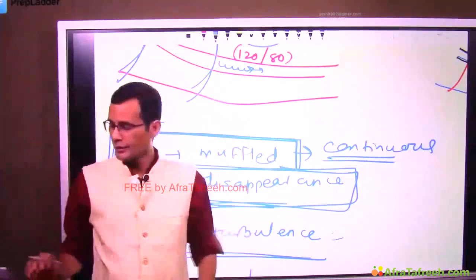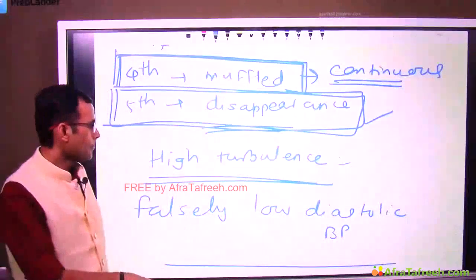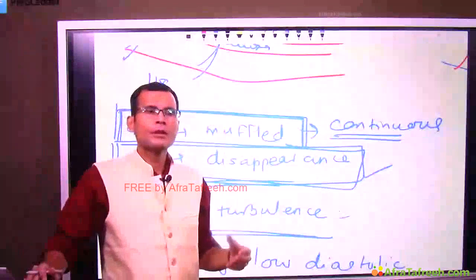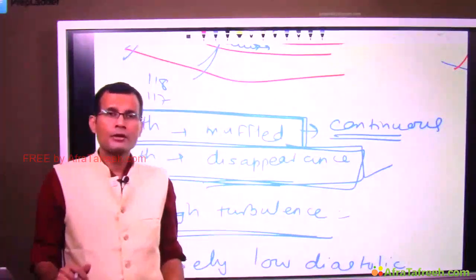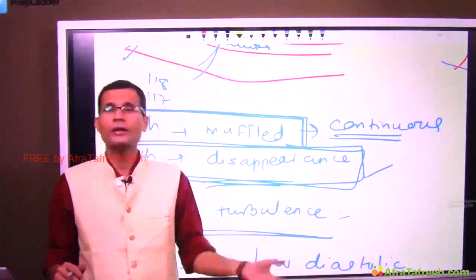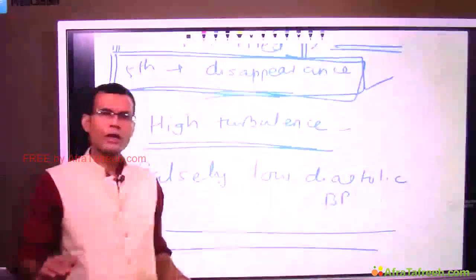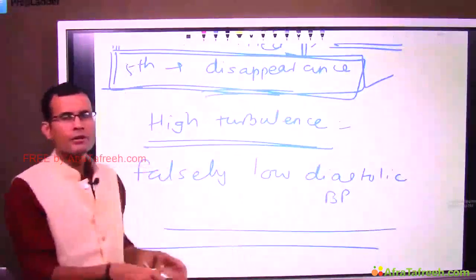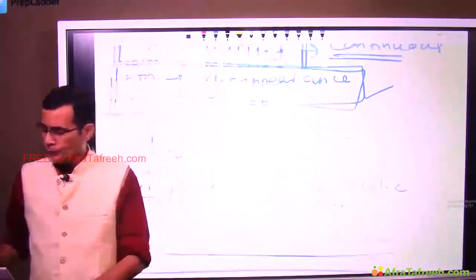Phase 4 had started, but you are taking phase 5, that means a lower point, and therefore you will get a falsely low value. So remember, if there is a question on what is the fallacy in the auscultatory method, what error can happen, falsely low diastolic blood pressure can be the option given, and that will be the answer.